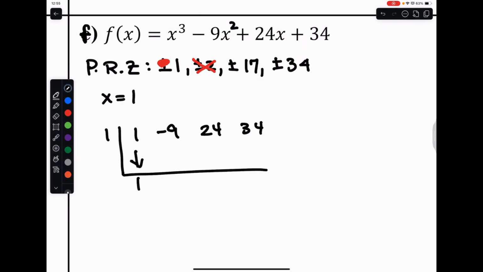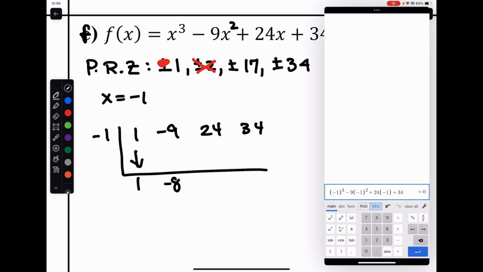So we have 1, -8, negative. Hold on, I did this wrong. Let me back up. -1. I said -1, and I put +1 right there.